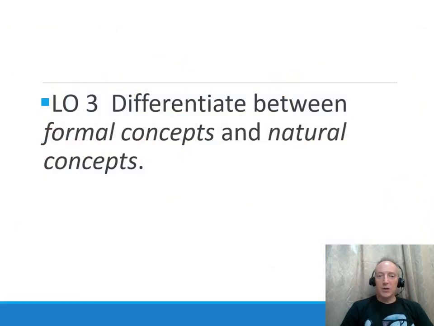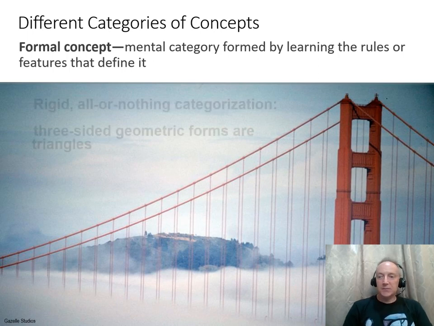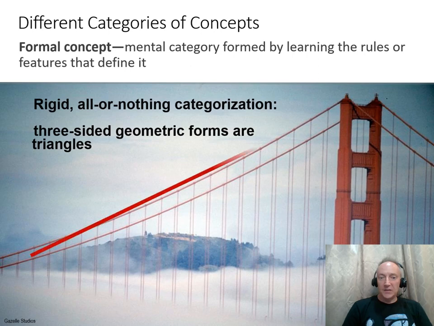So now we're going to learn what's the difference between what we call a formal concept and a natural concept. Now, some categories that we use to group things in have very, very rigid rules that define that category. It is an all or nothing thing.